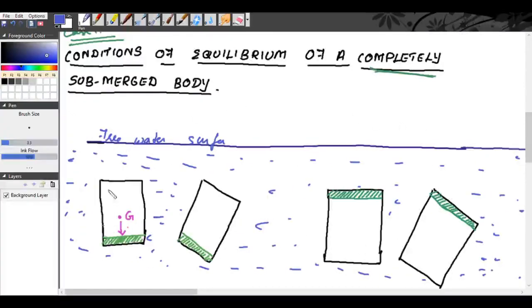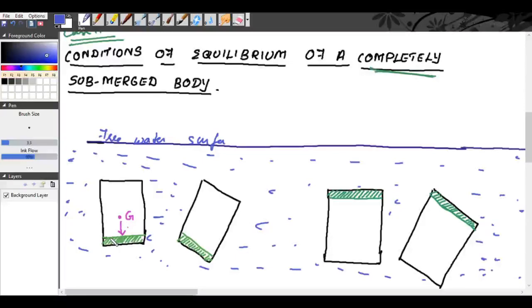We have an object or a body immersed inside this water body. The portion marked in green indicates that this body has more weight on the lower portion than the other portions, just in order to show the difference between the center of gravity and center of buoyancy.